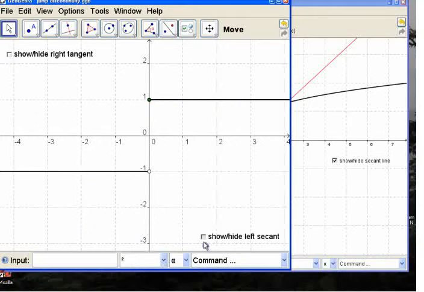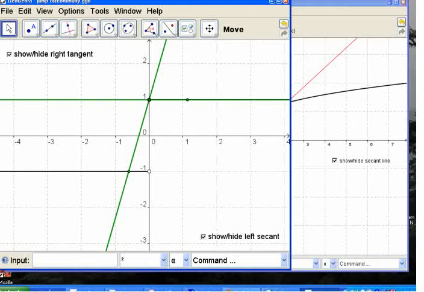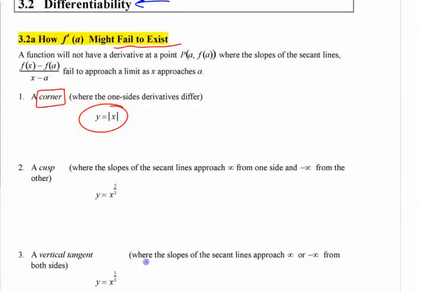So from the right-hand side, the slope is just 1, right? Whereas if you approach from the left-hand side, the slope is approaching positive infinity, right? So the derivative at 0 is undefined because the slopes from either side don't match. The right and left-hand derivatives have to match.